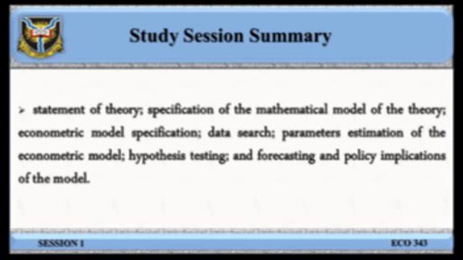The steps include statement of theory, specification of the mathematical model of the theory, econometric model specification, data search, parameter estimation of the econometric model, hypothesis testing, and forecasting and policy implications of the model. This is the end of study section 1.